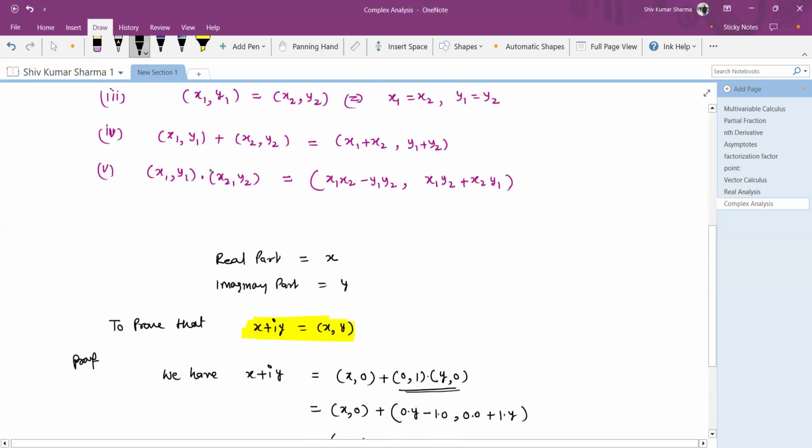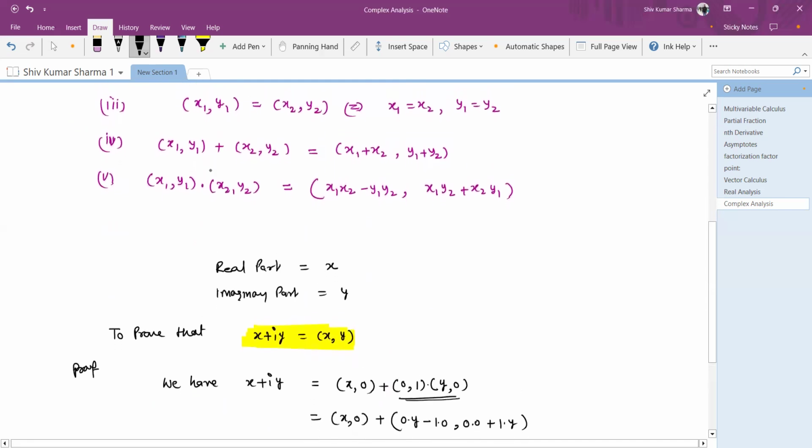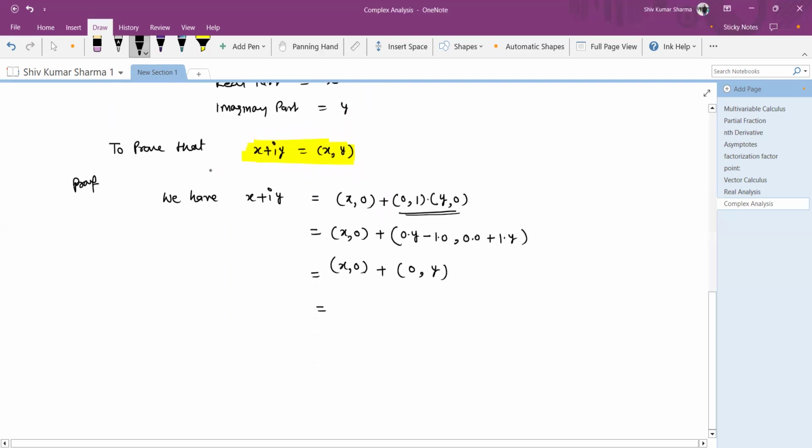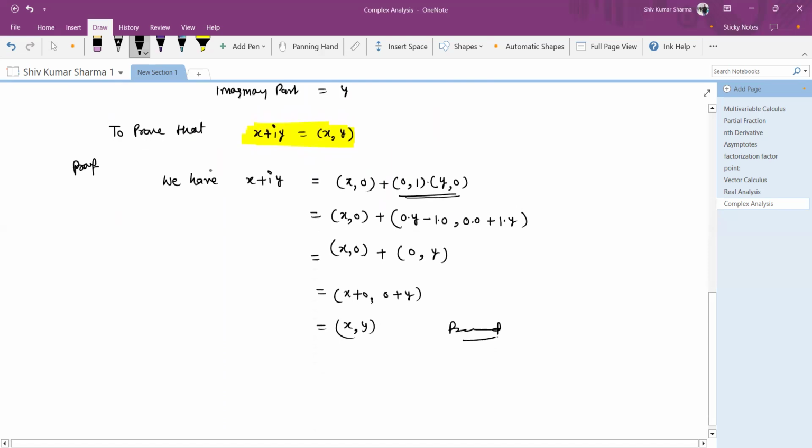When we add these two numbers, we use the fourth condition: x1 plus x2 and y1 plus y2, that is, x plus 0 and 0 plus y. This gives us (x, y). Okay, so we have proved this: x plus iota y can be written in ordered pair form as (x, y).